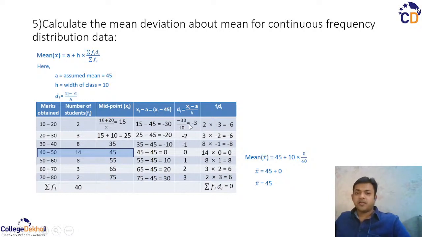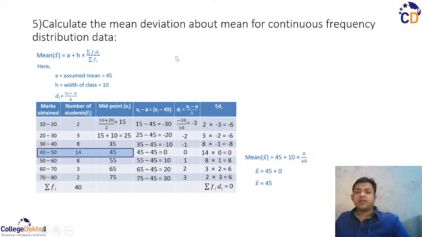So minus 30, minus 20, minus 10, 0, 10, 20, 30 are the values of deviation, x minus a. Now we divide this number by the class interval, which is 10, the difference between 20 and 10, the difference between 30 and 20. On dividing by 10, we get negative 3, negative 2, negative 1, 0, 1, 2, 3.